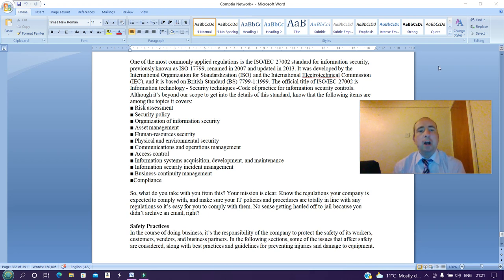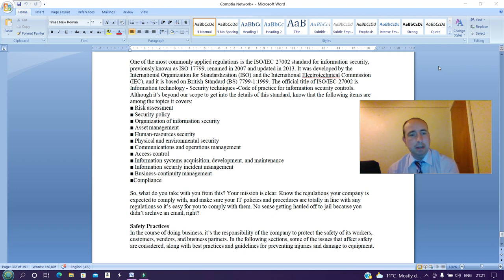One of the most commonly applied regulations is the ISO IEC 27002 standard for information security, previously known as ISO 17799, renamed in 2007 and updated in 2013.